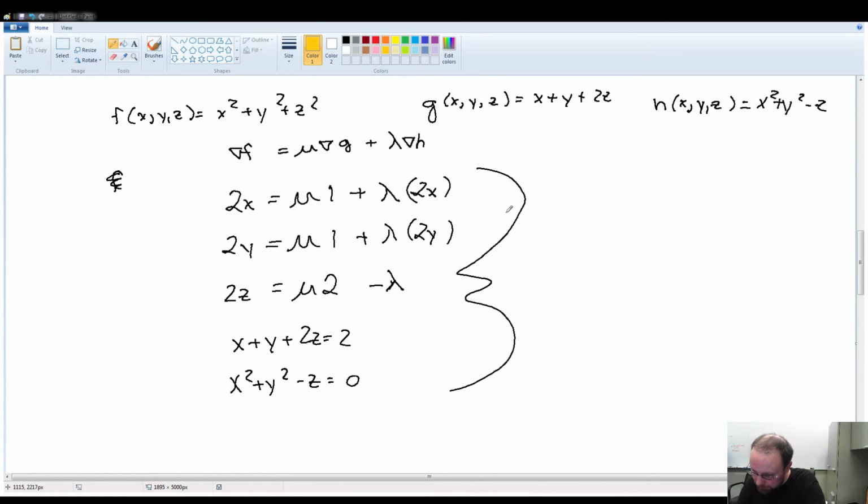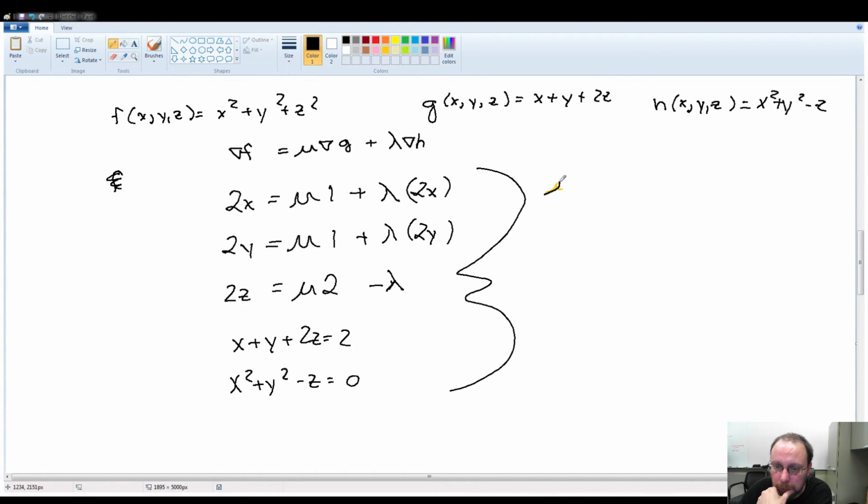Well, so how can we deal with this? What can we do? I would work with these two equations first. Why? Because I can easily solve for mu in those two equations.